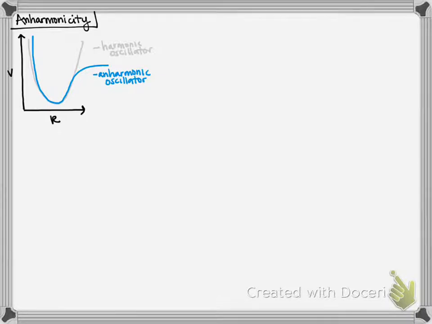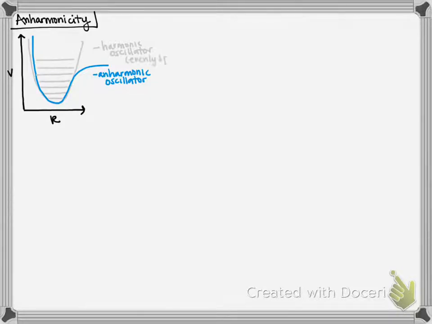So that is why we have a steeper increase in potential energy at small R values or small internuclear distances. What happens at large internuclear distances is we keep pulling the bond apart. The bond dissociates, right? This would be breaking the bond. So that plateau value actually represents a dissociation energy.